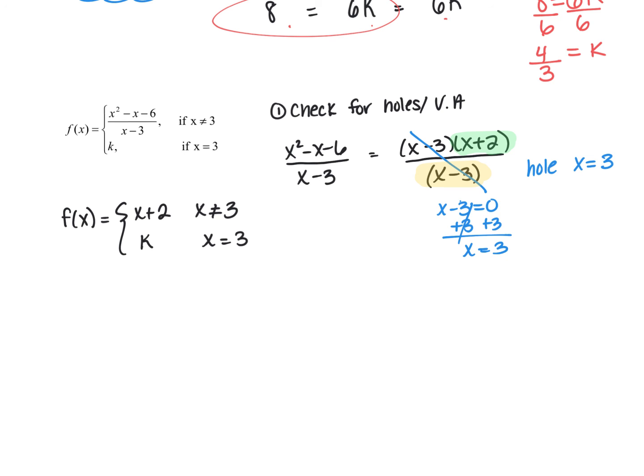So if we want to find the value for k, all we have to do is find the y value of the hole. So step 2, find y value of hole. So to do that, you're going to plug x equals 3 into the simplified equation.